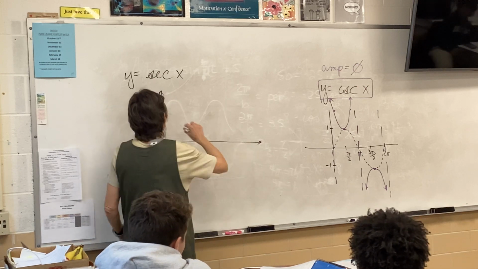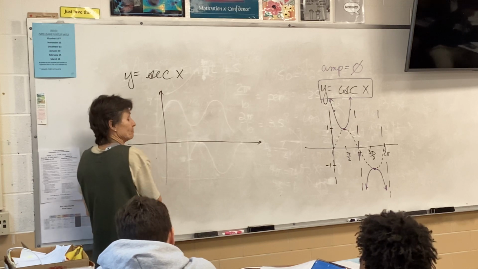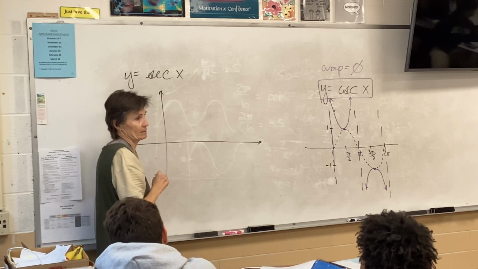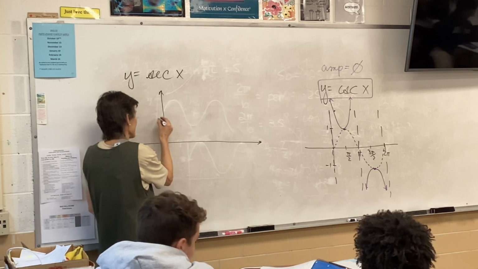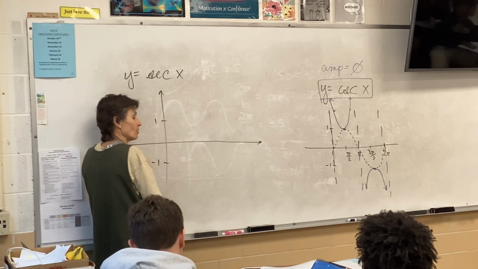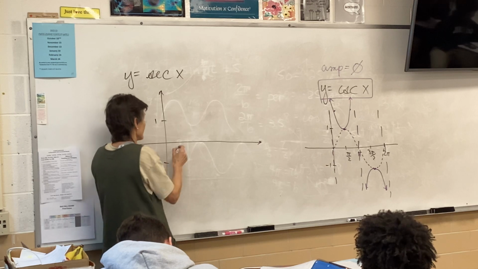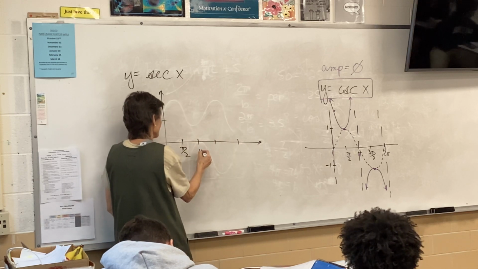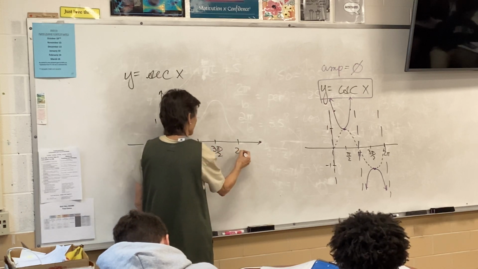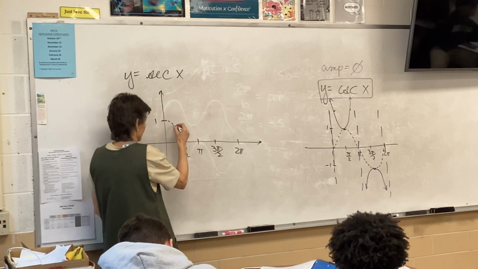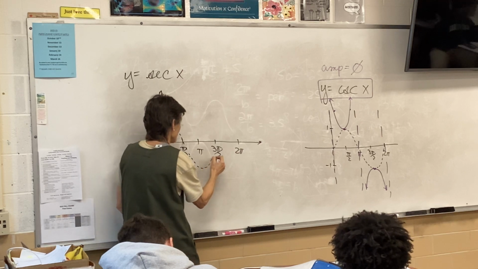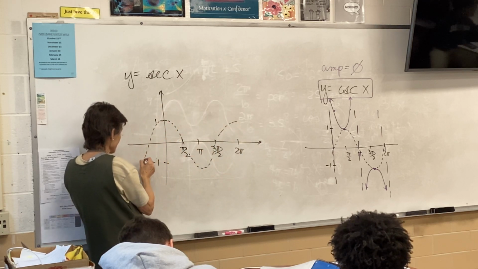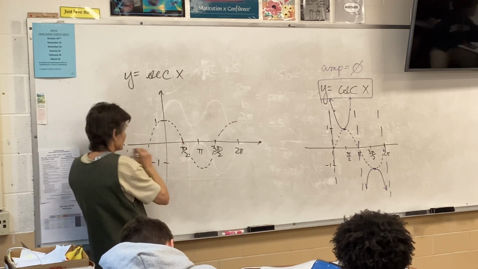All right, next, I'm gonna graph the secant, okay? How do you think I'm going to graph the secant? Same thing, only I'm gonna start with a cosine, right? So here's my regular straight cosine curve. And again, you should be able to do this with your eyes closed, and you can certainly continue it as far as you want.